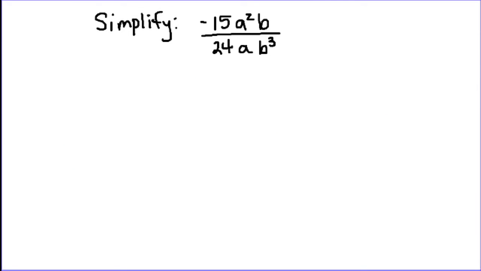In this example, we're being asked to simplify a much harder rational expression, negative 15a squared b over 24ab cubed. So I'm going to do the prime factorization of negative 15, which is negative 1 times 15, and then 15 is simply 3 times 5. 5, 3, and negative 1 are my prime factors.